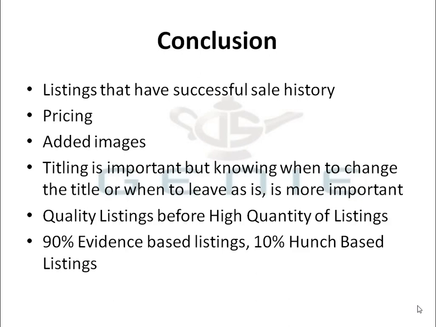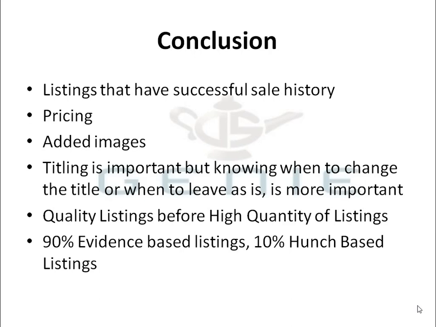You want to know when to leave the title as is and when to change, right? I personally do not waste time retitling. I may retitle an item if an item starts to sell regularly and I see that I have more space for other keywords, but generally speaking, I don't waste time on retitling.